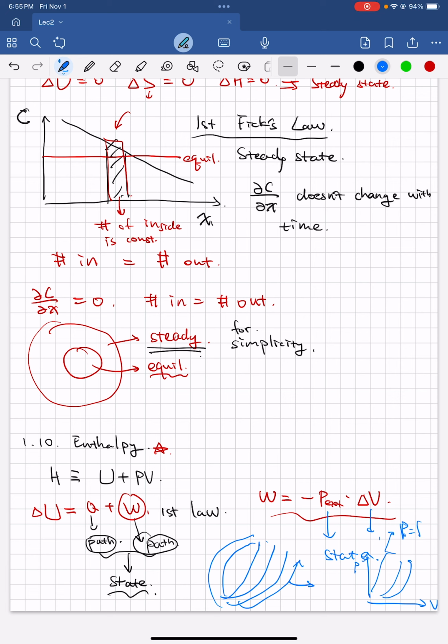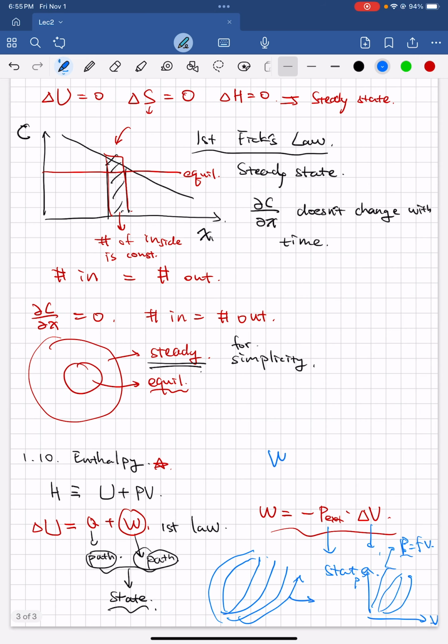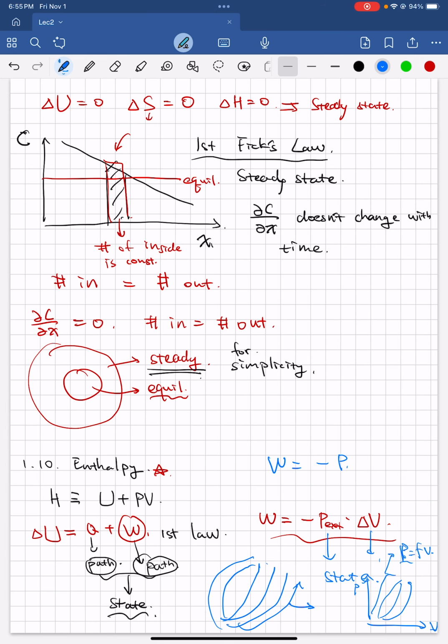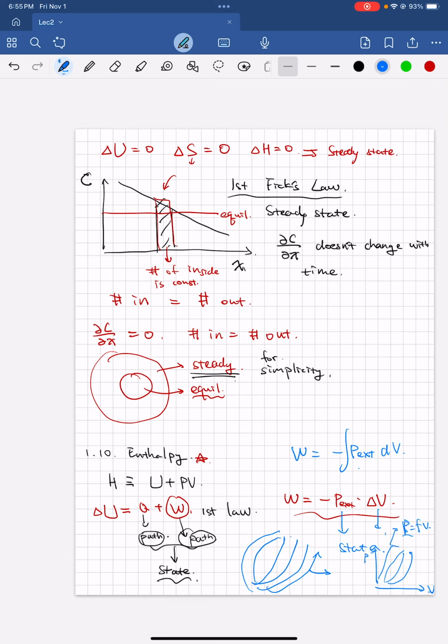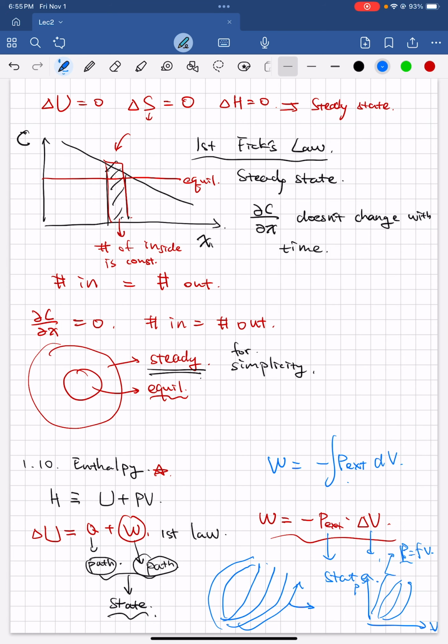P is going to be a function of V; as V changes, P changes. And if we know what kind of route we took to do this work, then we can simply calculate work like this, as we talked about in the previous video. So we already dealt with work.